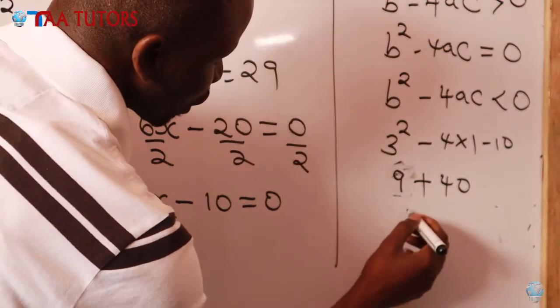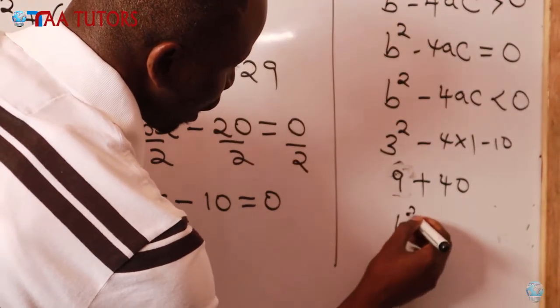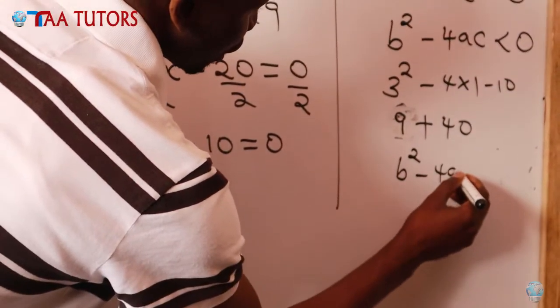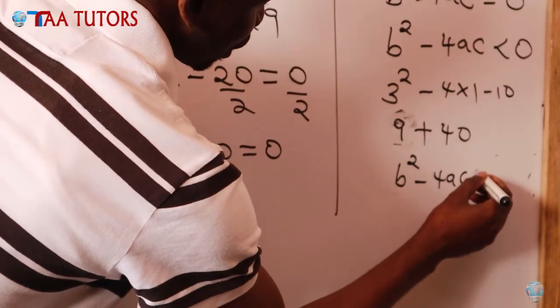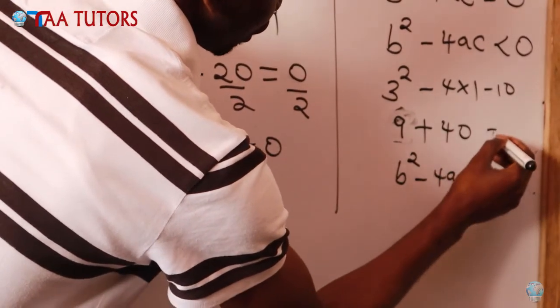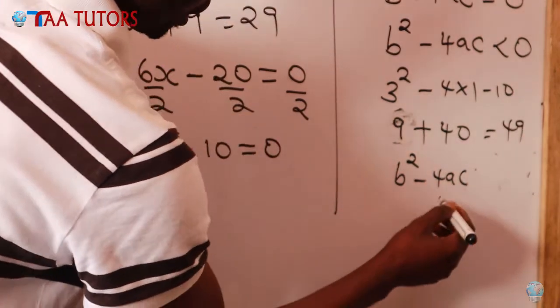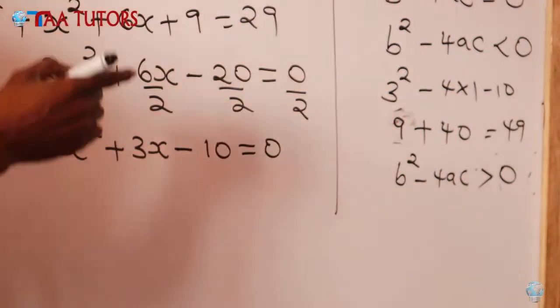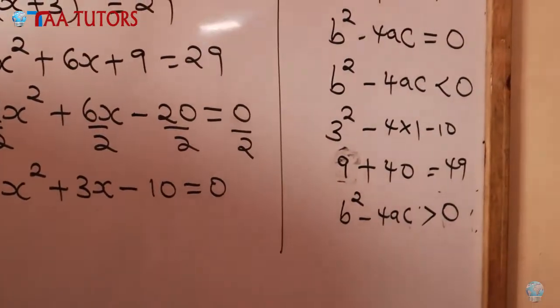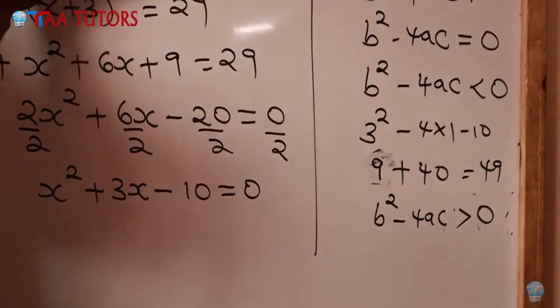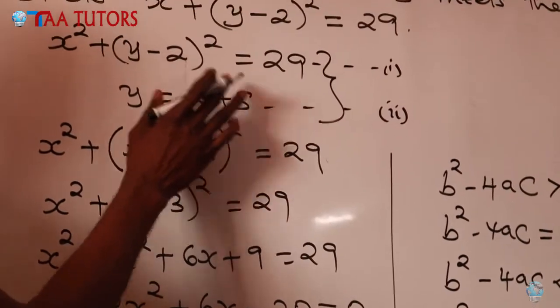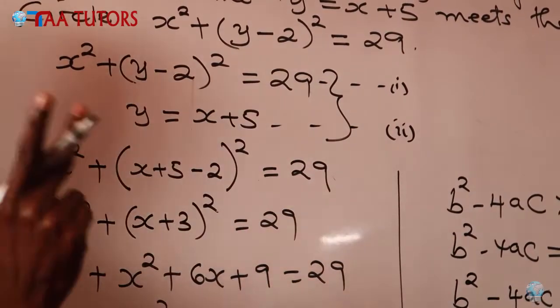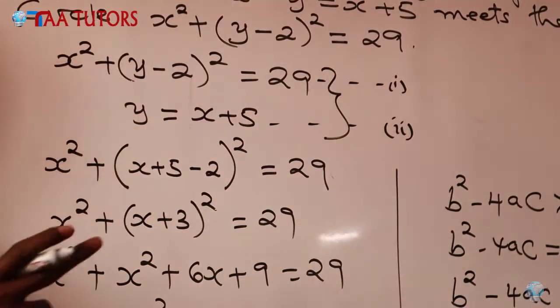So b squared minus 4ac is 40. This one is 49, sorry. So 49 means that we have this greater than 0. If it is greater than 0 like that, we are going to expect 2 values here. It means that the line y equals x plus 5 is intersecting the circle at 2 different coordinates.